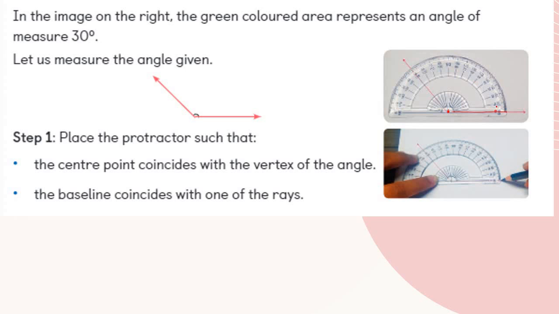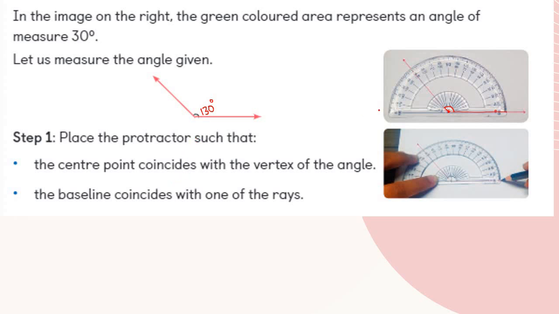This gives the measure of the angle. Now see 10, 20, 30, 40, 50, 60, 70, 80, 90, 100, 110, 120, 130. Now tell me the angle, children. The angle is of how many degrees? Yes, 130 degrees.